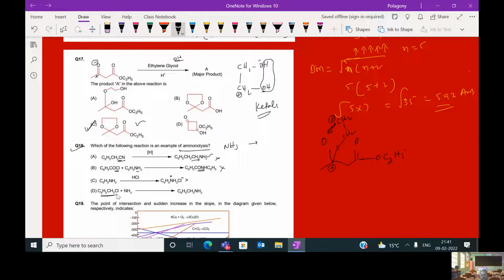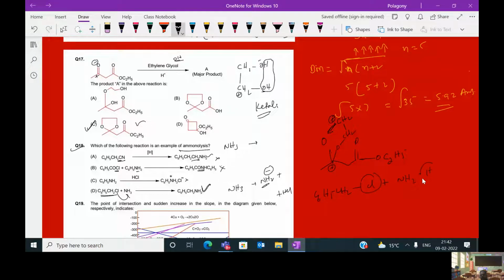This is halide plus ammonia, so here this is the right option. NH3 loses one hydrogen and becomes NH2 minus, and the chlorine combines with hydrogen. So here is C6H5CH2Cl plus NH2H.